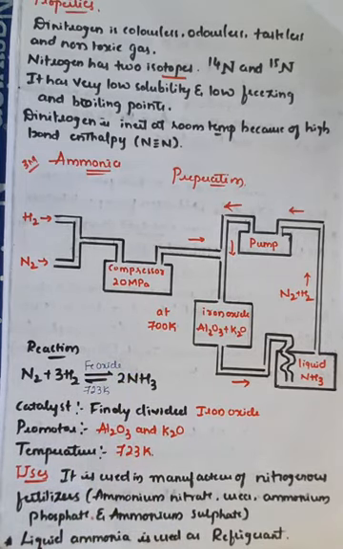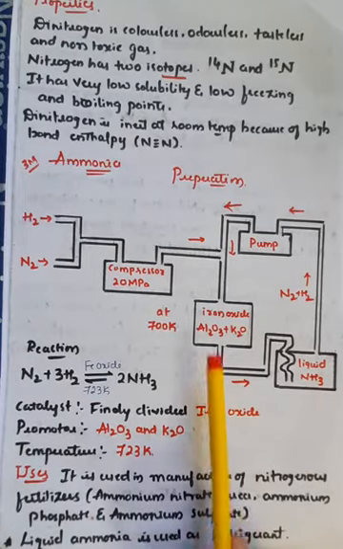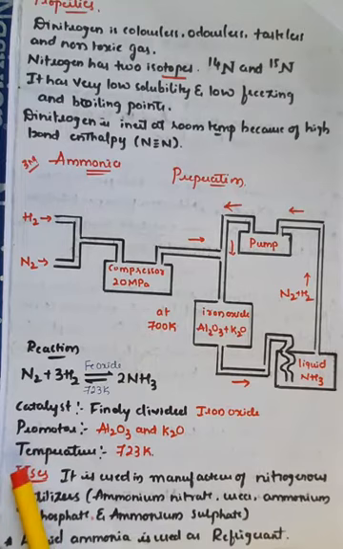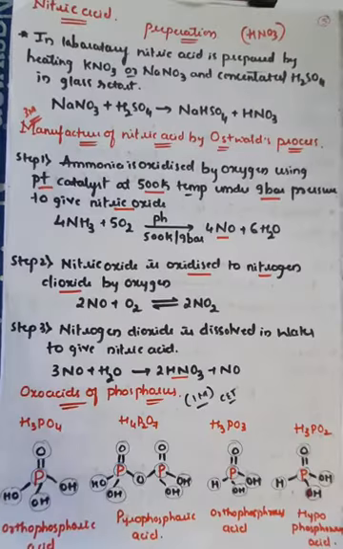The conditions used are the catalyst, iron oxide, and promoters aluminum oxide and potassium oxide, and temperature 723 Kelvin. And also we have seen some of the uses. It is used in the manufacture of nitrogenous fertilizers and in the preparation of refrigerants, like liquid ammonia is generally used as a refrigerant, and also as a laboratory reagent.